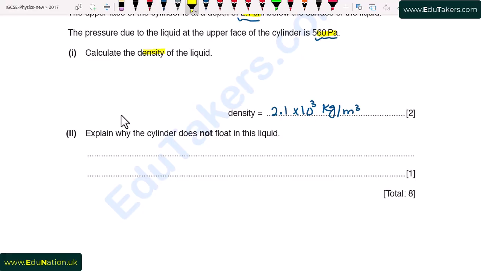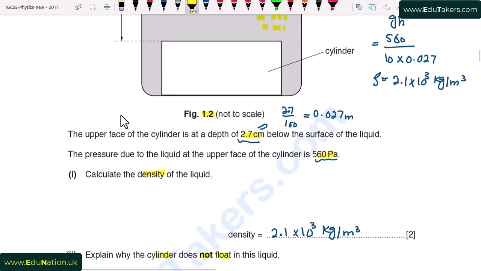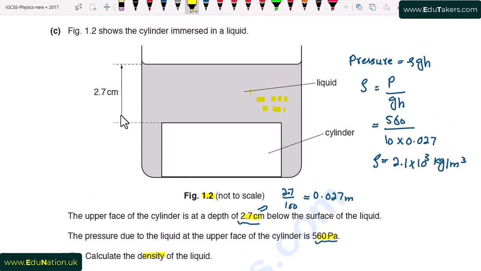Part 2. Explain why the cylinder does not float in the liquid. So here we have to explain why the cylinder does not float in the liquid. It is due to the reason that the weight of this cylinder is acting in the downward direction and there is also the upthrust due to the liquid. The value of this weight is greater than the upthrust due to the liquid. So that's why the cylinder does not float.